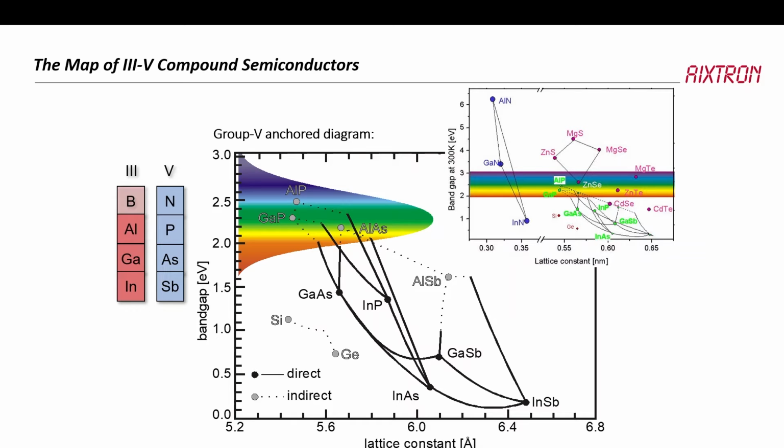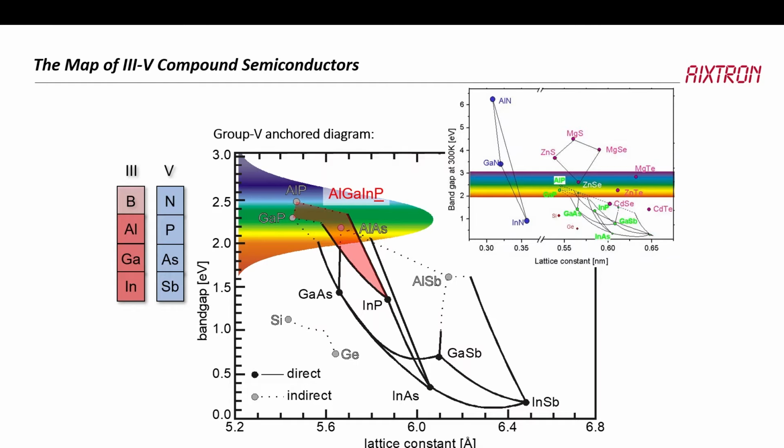First of all, this is a little bit III-V based, but when we look at the lattice constant and bandgap, this is the eye response curve, by the way. This is where the eye is able to see. Then we can combine group III and group V compounds: aluminum, gallium, indium, boron is not so interesting, and nitrogen, phosphorus, arsenic, and antimony.